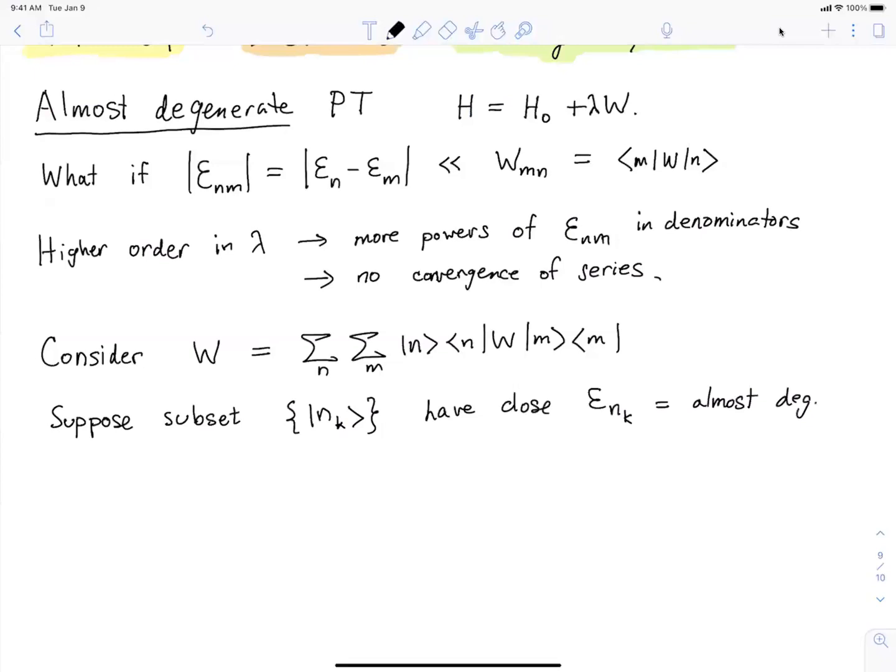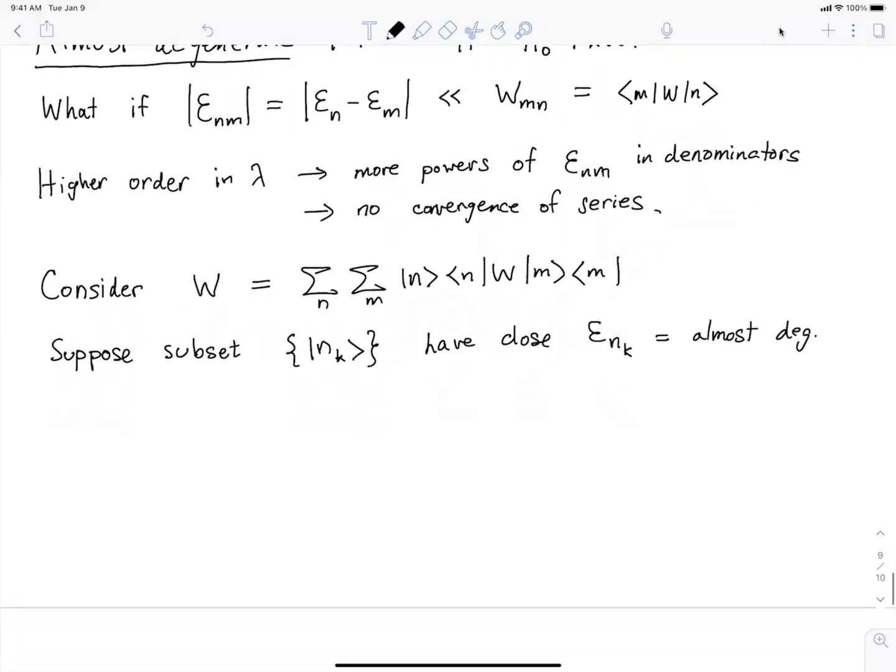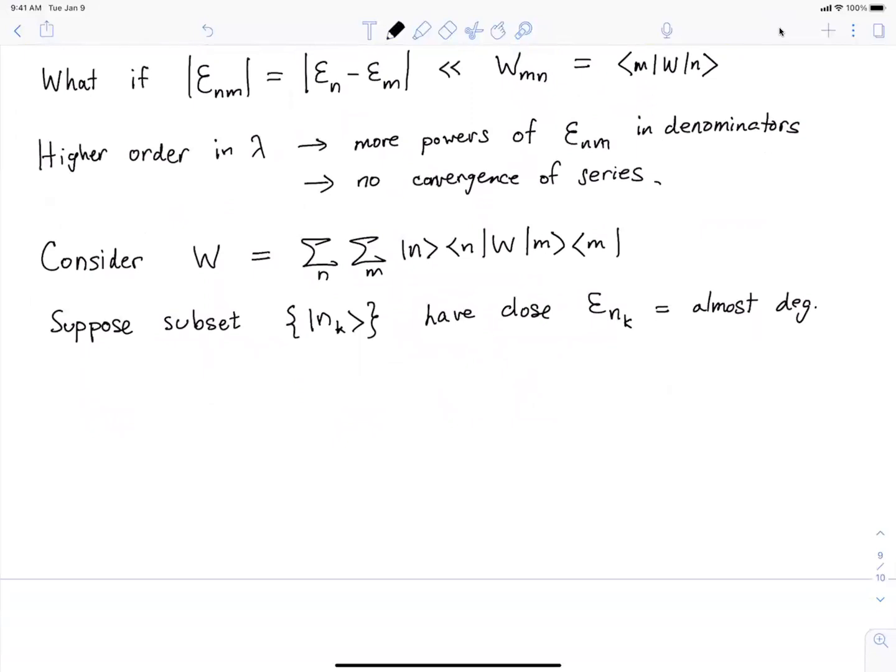Okay, so now the idea is if we stare at our expression for W, we could say, what happens if we change W to only sum over the degenerate states instead of all the states? So what we're going to do is define a new version of W where we do that by sandwiching it on either side with a projection operator, which I'll write down in a moment. Basically, the projection operator here is supposed to project you only onto the almost degenerate states.